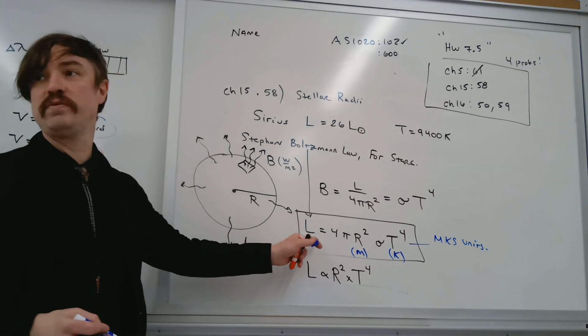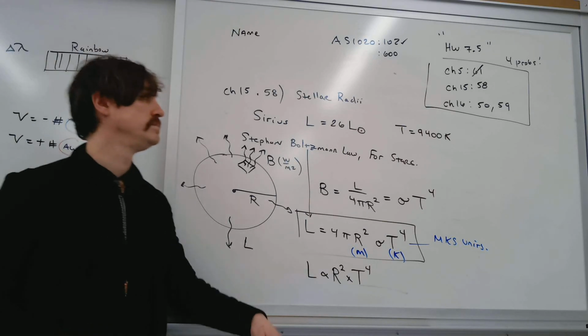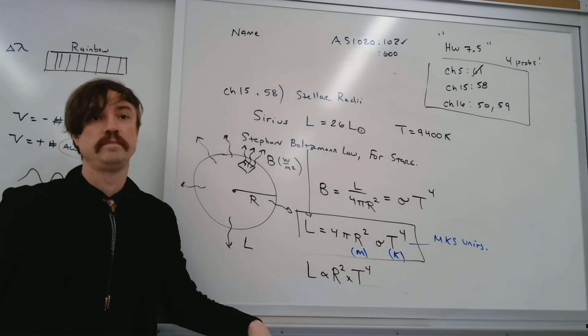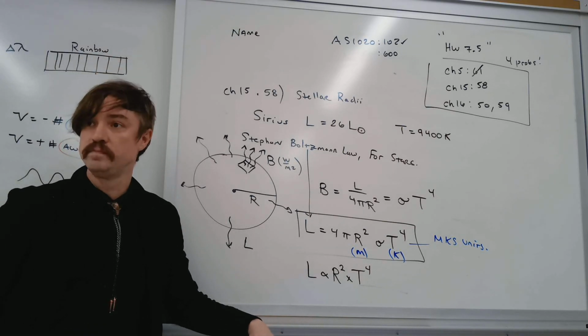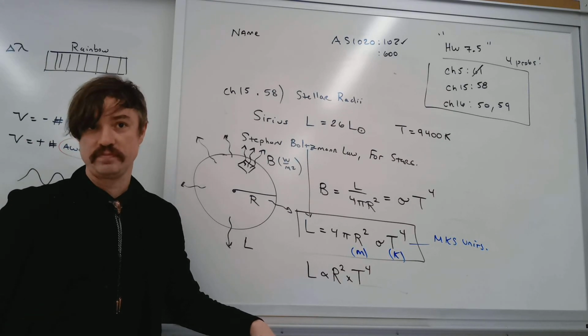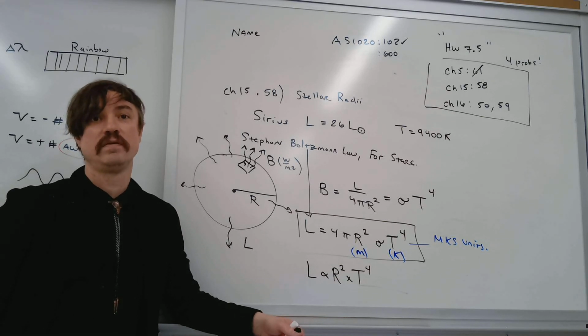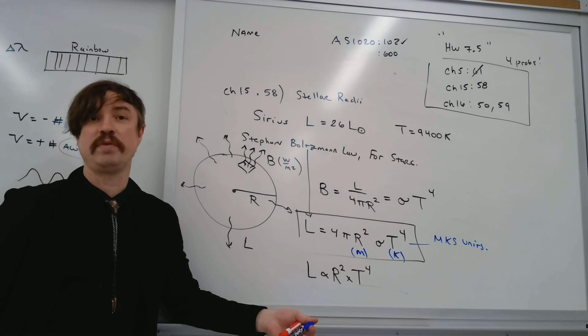What would be MKS units of luminosity? That's brightness, Steve. Brightness is watts per square meter. Luminosity is the same thing you measure the luminosity of a light bulb in.